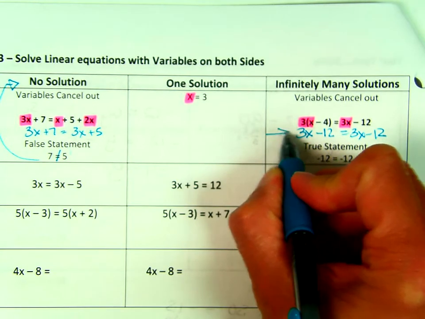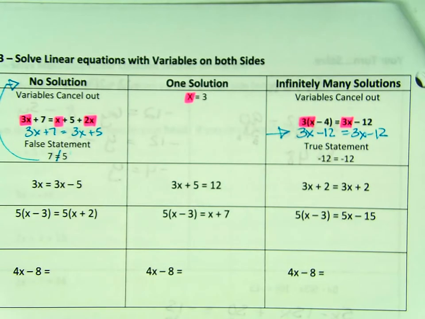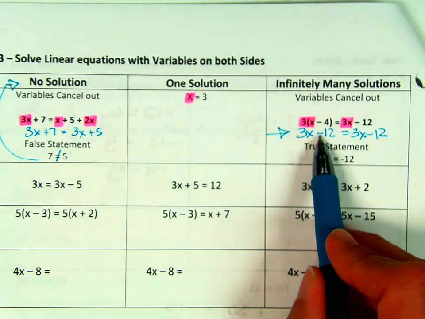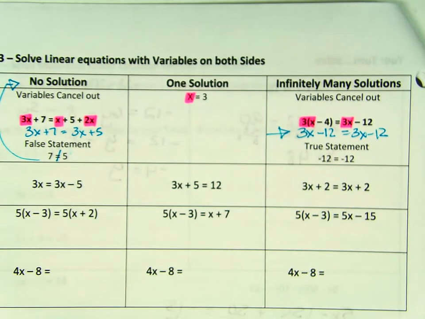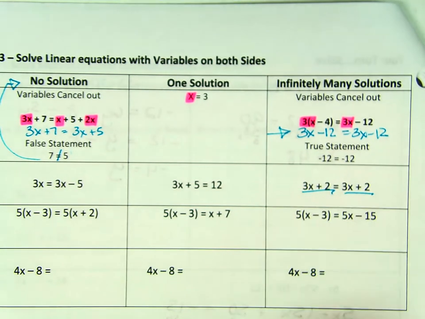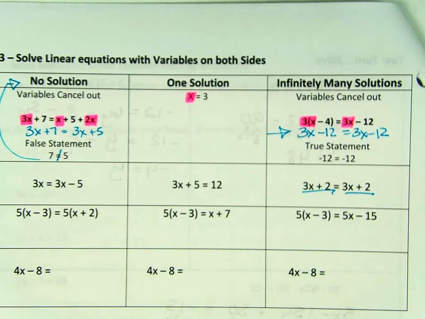And you should notice it's exactly the same. If it's exactly the same, then you could plug in anything you wanted, and it would be exactly the same. For example, if I plug a 2 in, that's 6 minus 12. Well, guess what it's going to be over here? 6 minus 12. So if it's exactly the same on both sides, then it's infinitely many solutions. That means anything you pick can work.